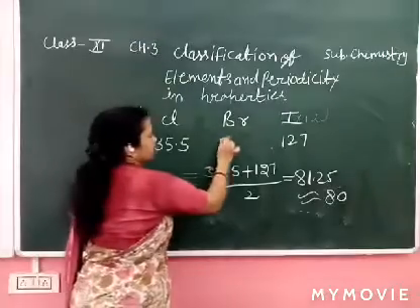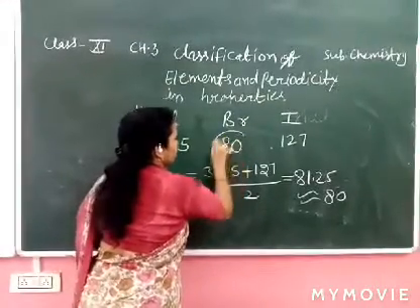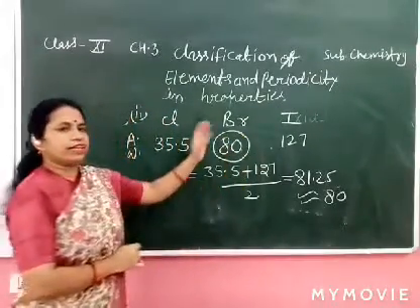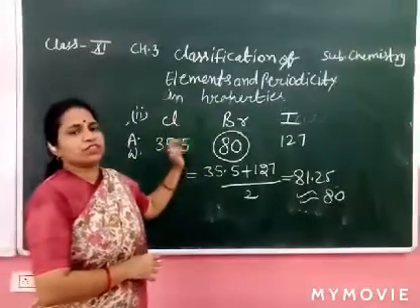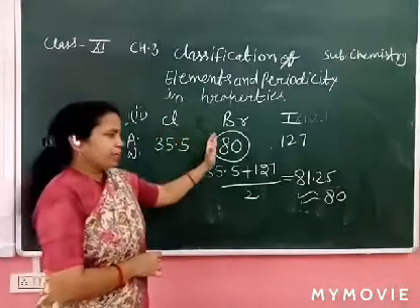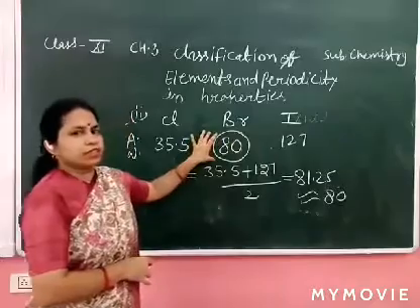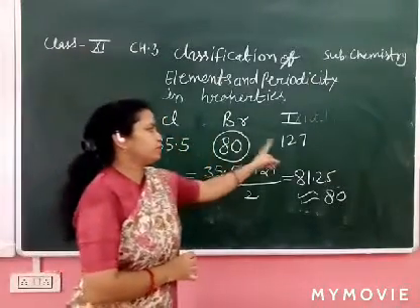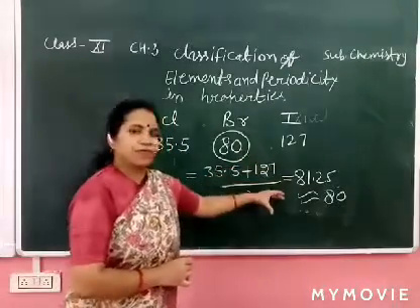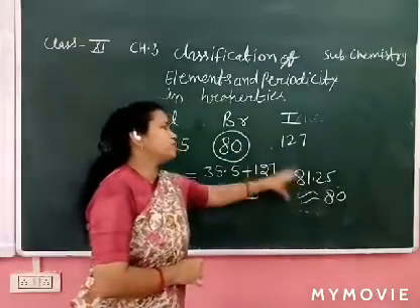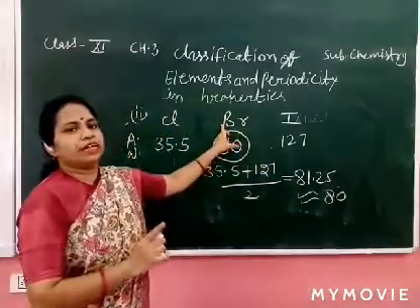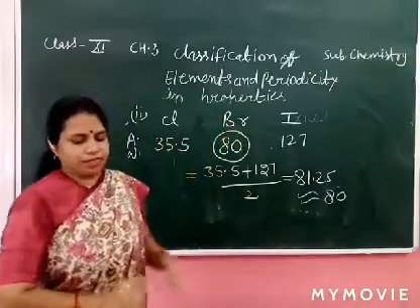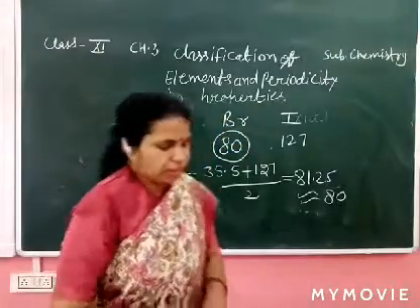So the atomic weight of bromine is 80. You can write 81 because of the isotopes, so 80 and 81 are almost similar. Clear? Add the atomic weights and calculate the average value, which is equal to the atomic weight of the middle element.